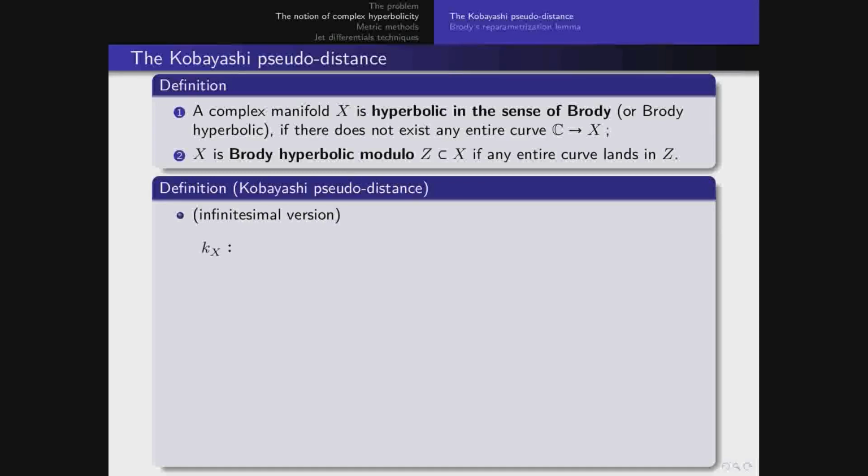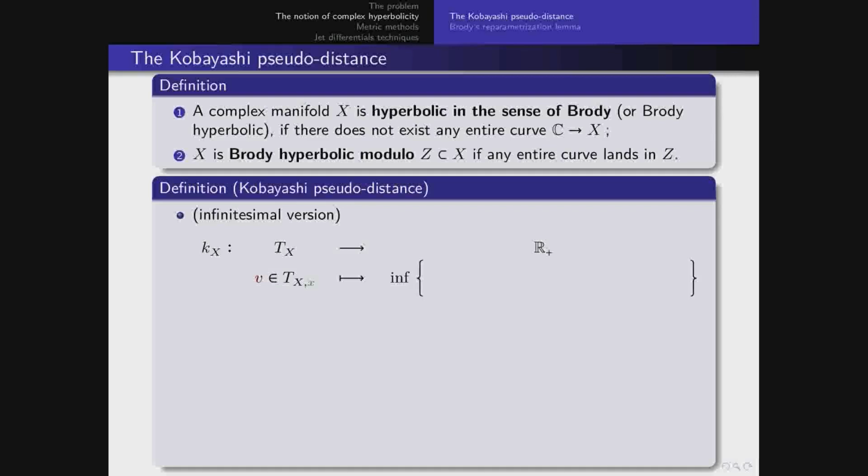So this infinitesimal version of the Kobayashi pseudo-distance will be a map which goes from the tangent bundle of a given complex manifold and returns a real number. So take a vector v which is based at some point x, and you return the following quantity.